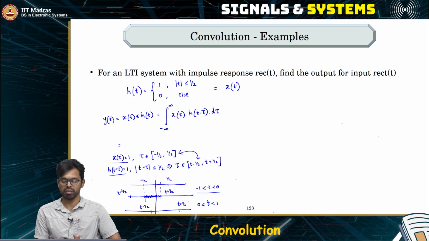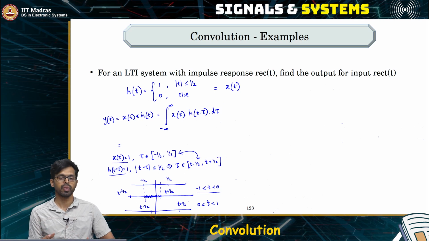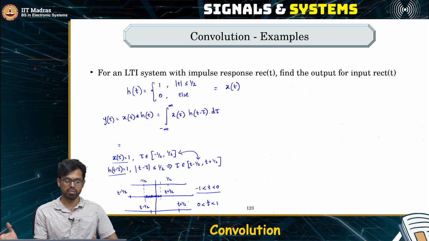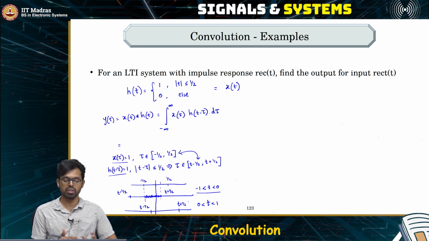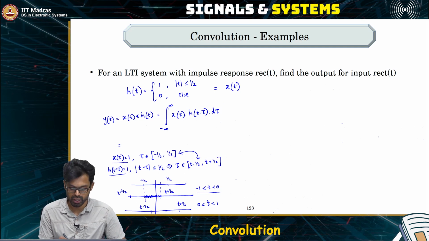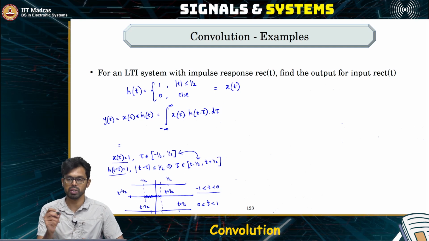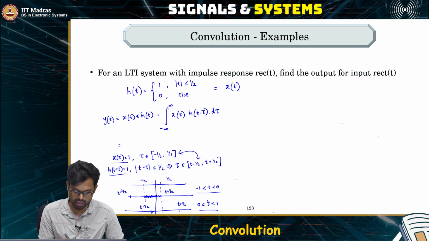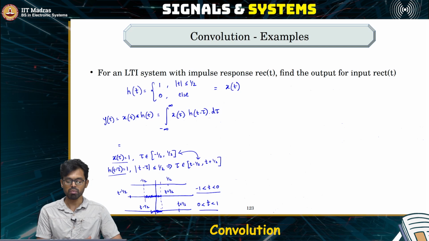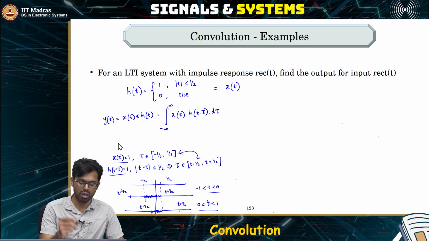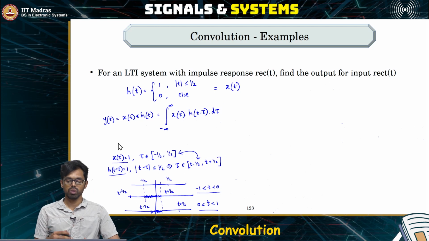Of course, once again, if t is a big number, let's say 10, then you will be starting at 9.5 to 10.5, which has no intersection with minus 0.5 to plus 0.5. So you need t to be a small number between 0 and 1. Then the intersection will be this region. So now we have two different regions for the output to be non-zero.